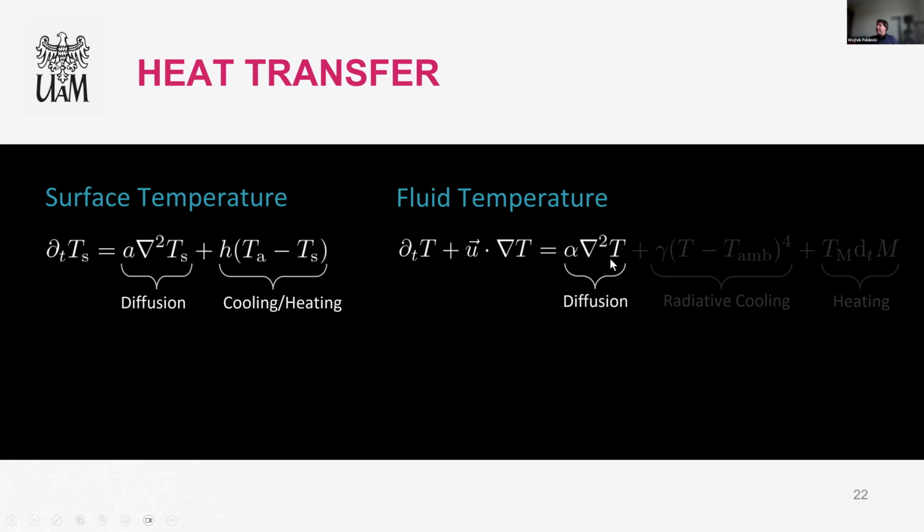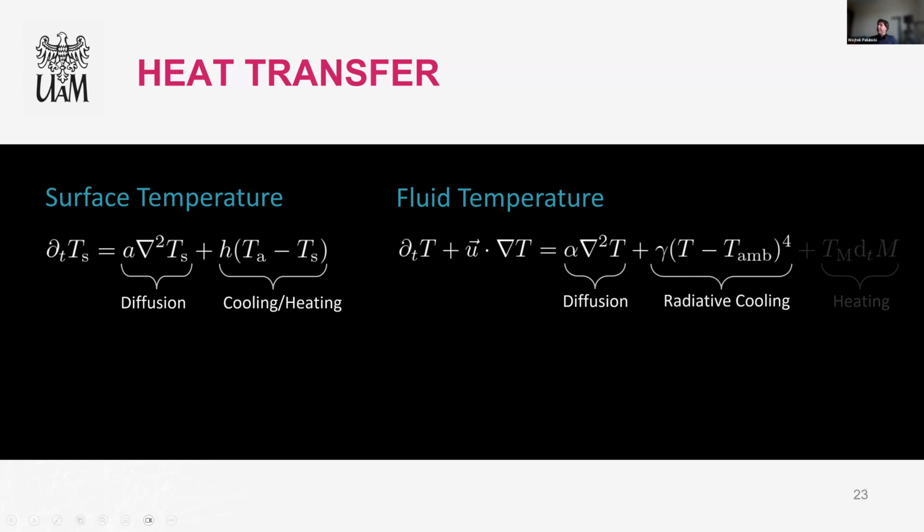Here we again have this conduction, this diffusion term, although this spatial domain is three-dimensional. We also have advection of the temperature field, and again this radiative cooling term. It looks very similar. The only difference is that T amp is the ambient temperature, more like a macroscopic temperature of the whole space in which we are simulating.